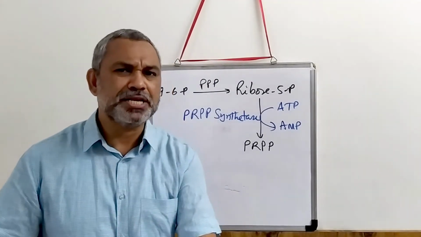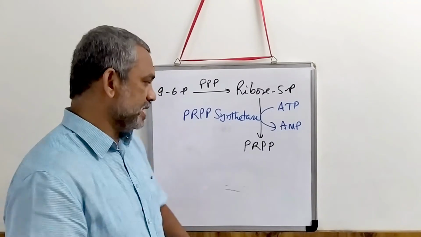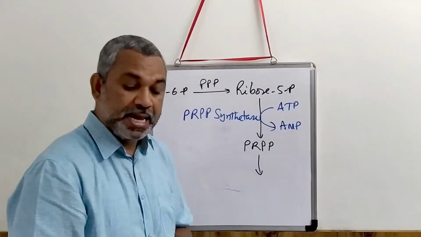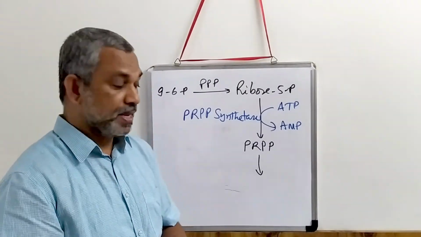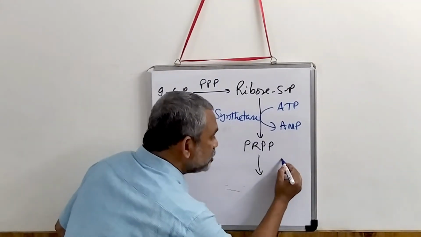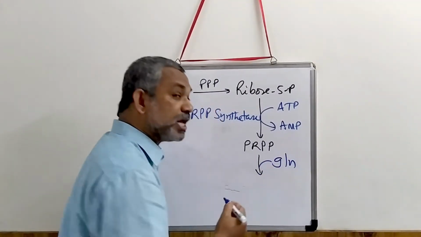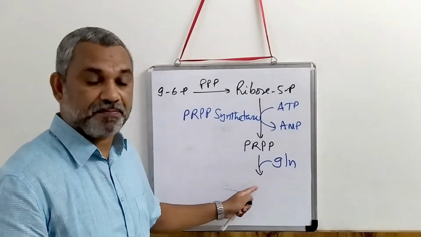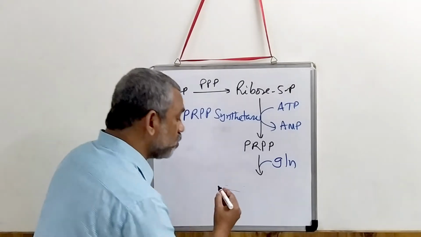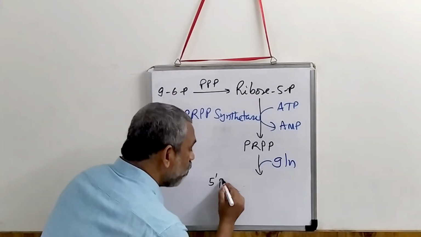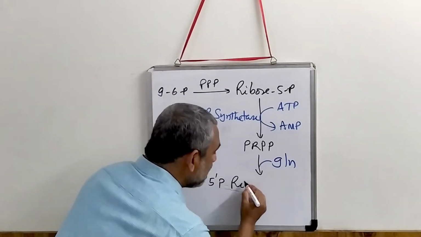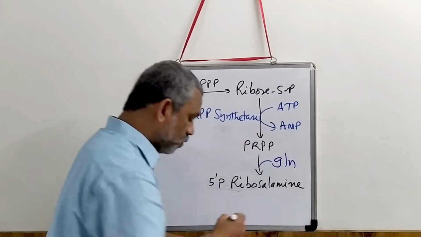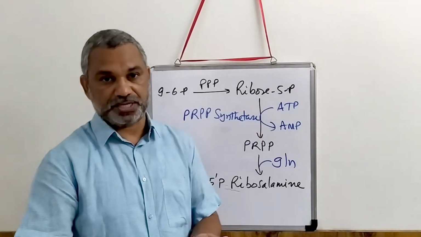Now let us continue a little more in order to understand the mechanism. Now the PRPP is acted upon by the next enzyme, with the addition of a glutamine. Glutamine is added to PRPP and you will get a product called 5-phosphoribosylamine. 5-phosphoribosylamine is formed.